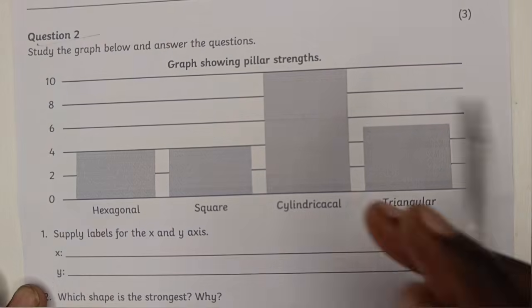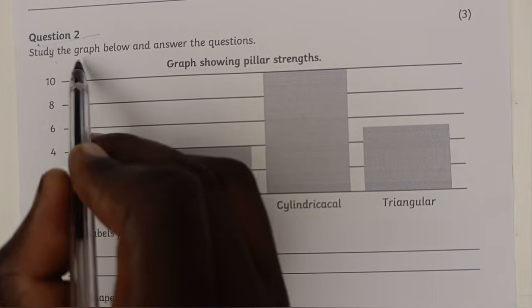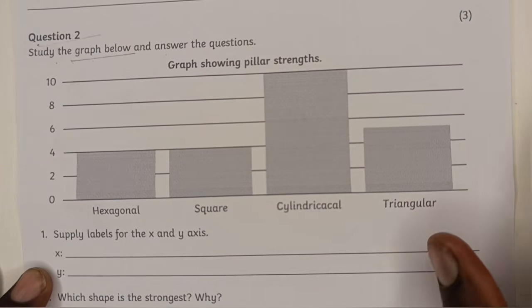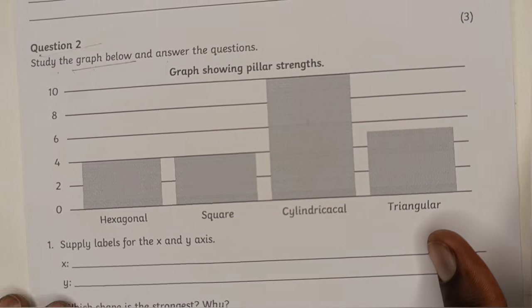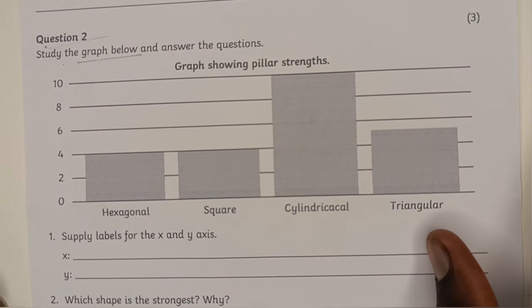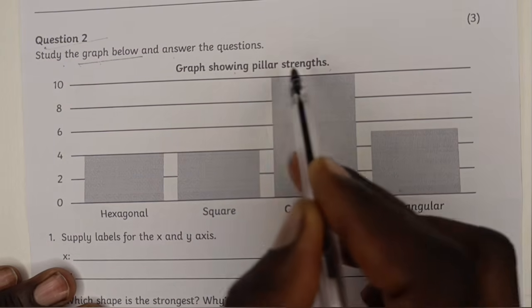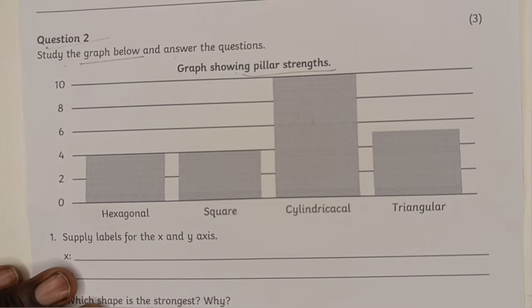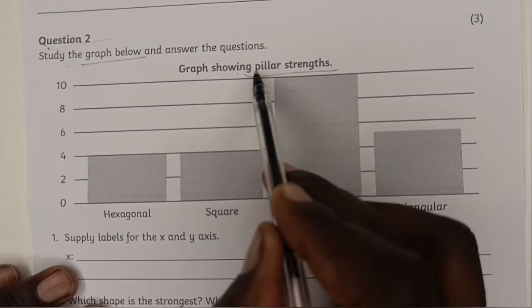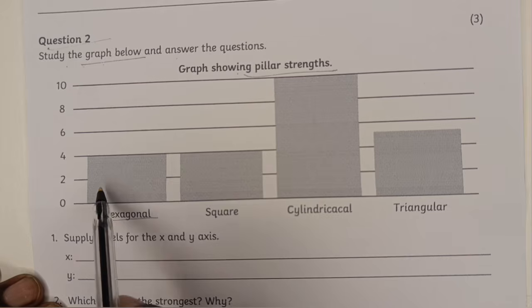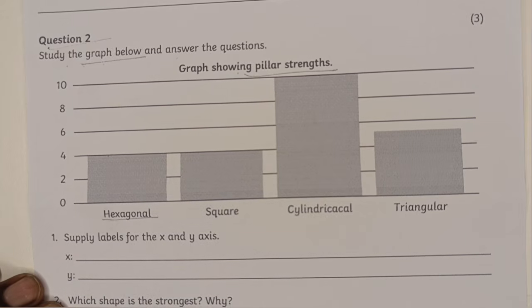Question 2 says, study the graph below and answer the questions. So this is the graph that we should study and answer questions that follow. This graph shows pillar strength. We have got the hexagonal, which rises to 4.